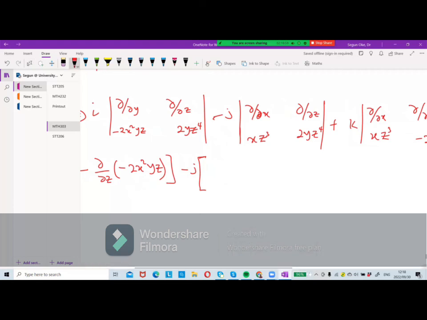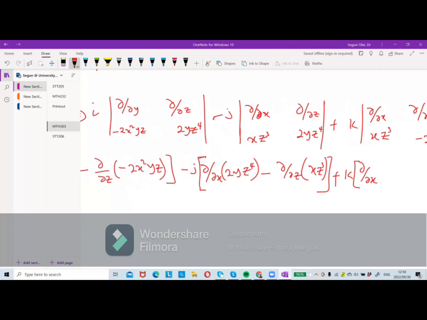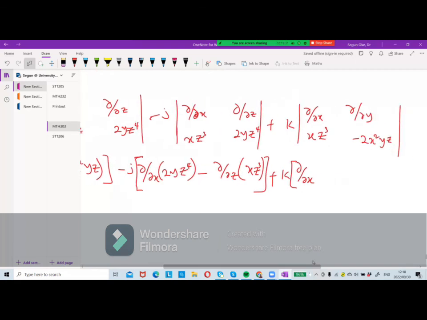So you have it to be d/dx of 2yz^4 minus d/dz of xz^3, plus d/dx of minus 2x^2 yz minus d/dy of xz^3.